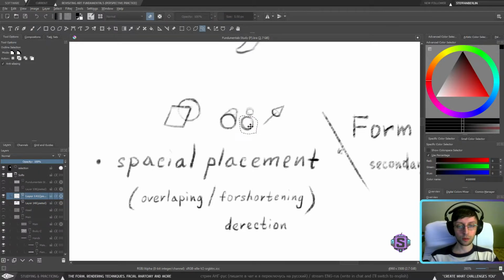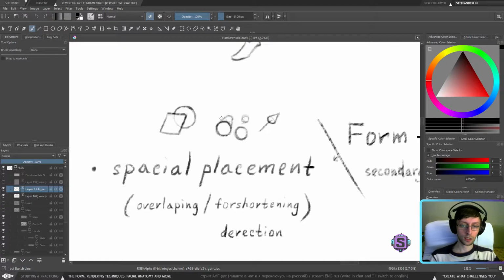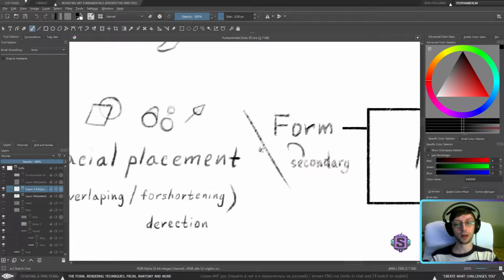The first way is within one subject, when we're taking a cylinder and making one part of the cylinder bigger because it's closer to us, and the other part of the cylinder smaller and narrower because it's deeper in space. That way we create an illusion of space without necessarily integrating an actual form. Again, we're not going to create form lines. We're just integrating a silhouette that depicts how it's going to work.